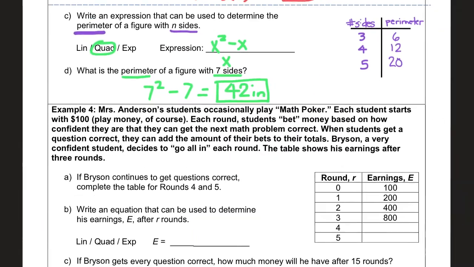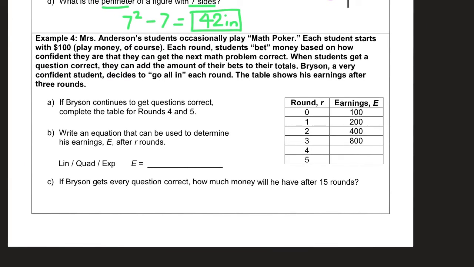Now let's look at the last example. Mrs. Anderson's students occasionally play math poker. Each student starts with $100, play money of course. Each round, students bet money based on how confident they are that they can get the next math problem correct. When students get a question correct, they can add the amount of their bets to their totals.